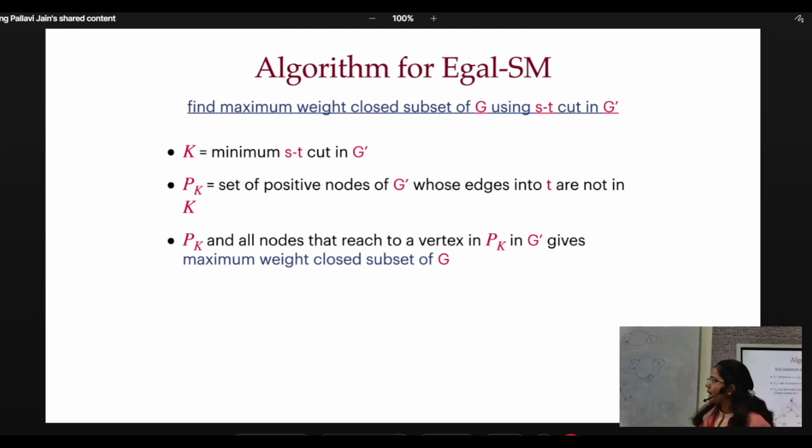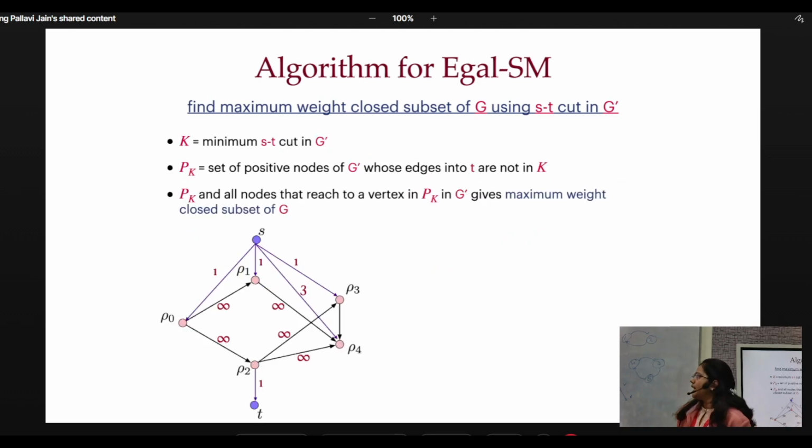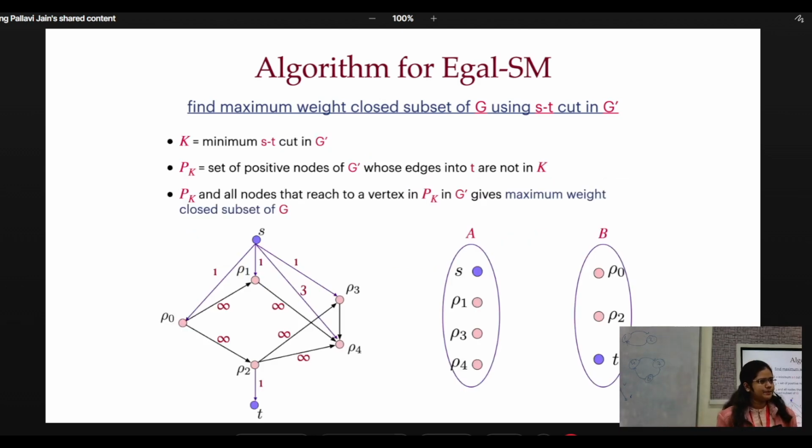So let us say this is your ST cut instance, and let us say this is some cut. We are not talking about minimum or anything, we are just trying to understand the algorithm for now. So this is the cut AB. Where are the edges?